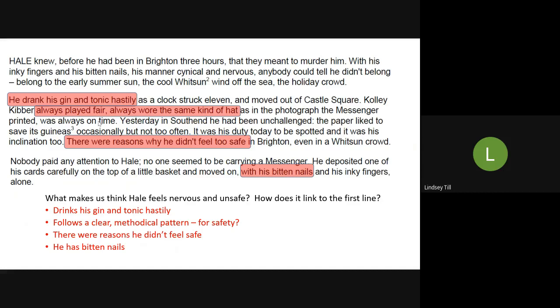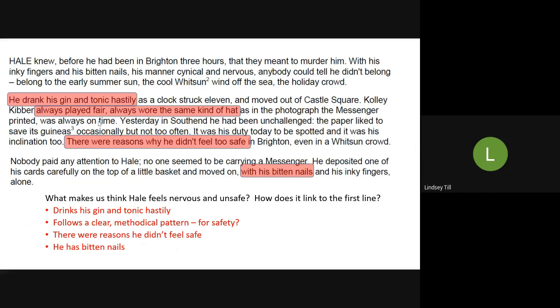He always played fair, always wore the same kind of hat. Now, he follows a clear, methodical pattern. Is that for safety? Is it for disguise? Always played fair makes me think, why is somebody trying to murder him then? But he does seem very nervous, doesn't he? That he seems to be following a clear, methodical pattern.